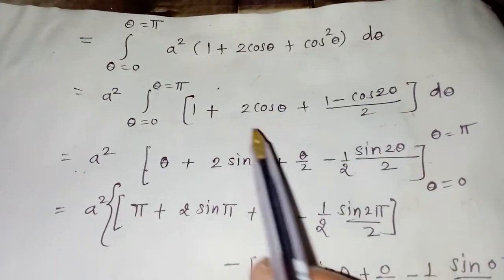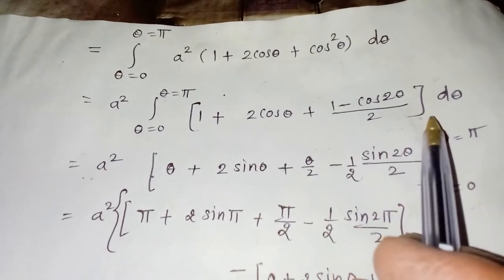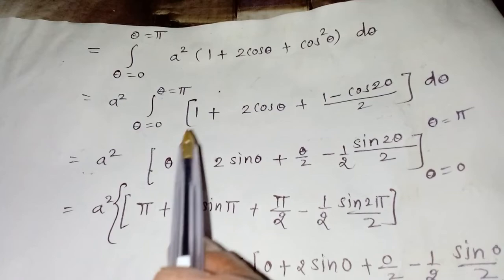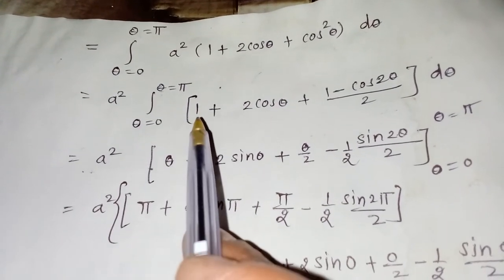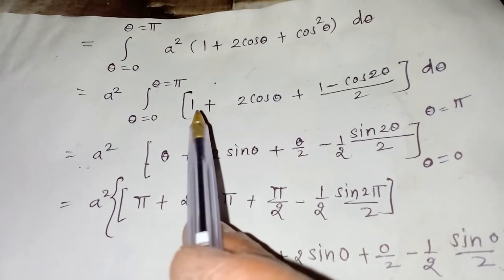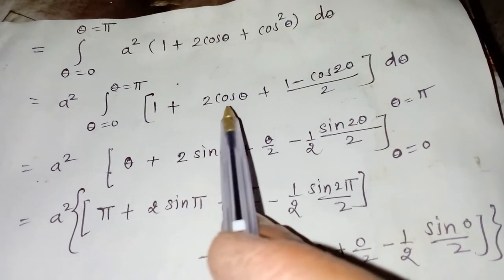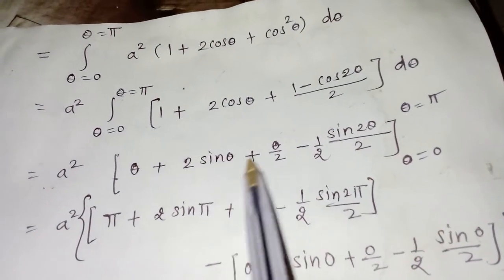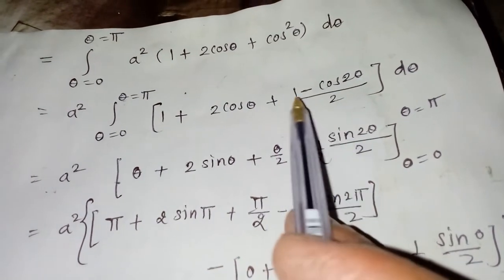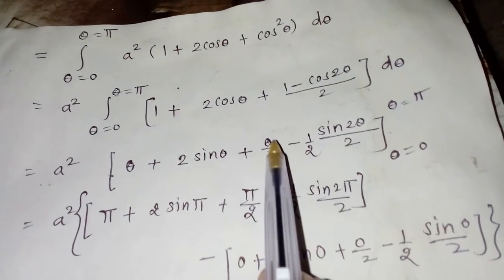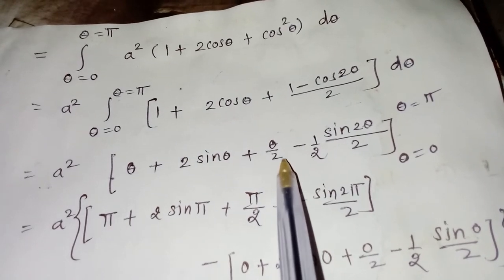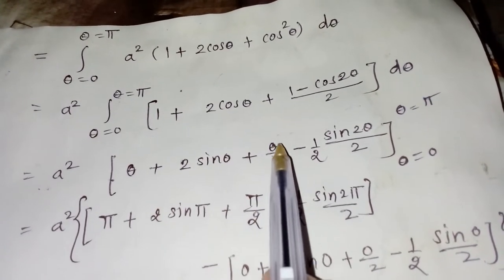Now I am taking the integration with respect to theta. So the integration of 1 is nothing but theta, 2 as it is, the integration of cos theta is nothing but sin theta, plus the integration of 1 by 2 is nothing but theta upon 2, because 1 by 2 is the constant and the integration of 1 is theta.